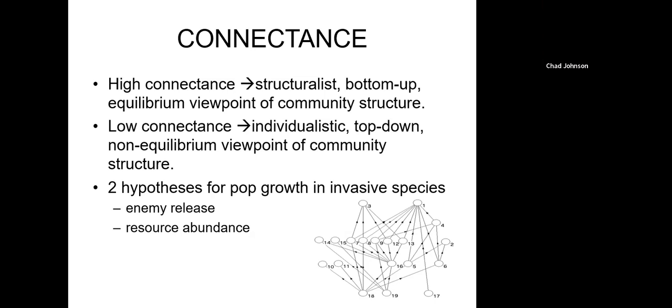If you've got very little connectance, if everybody's pretty individualistic, another buzzword for low connectance, top-down thinking. If there's low connectance, then the number of species in the community is probably more about a top-down non-equilibrium viewpoint of community structure. One explains things from resource availability, the other explains things from disturbance.